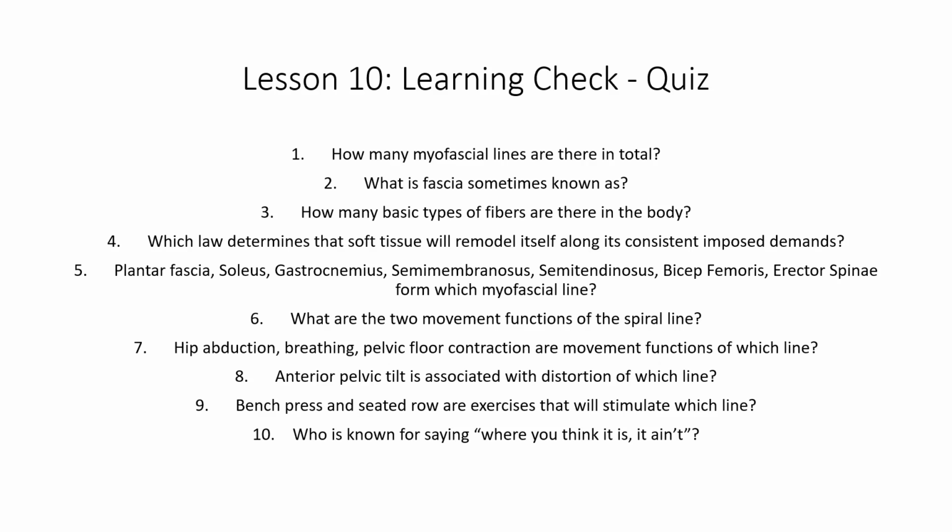Question 5, the plantar fascia, soleus, gastrocnemius, semimembranosus, semitendinosus, biceps femoris, erector spinae all form which myofascial line? Question 6, what are the 2 movement functions of the spiral line?